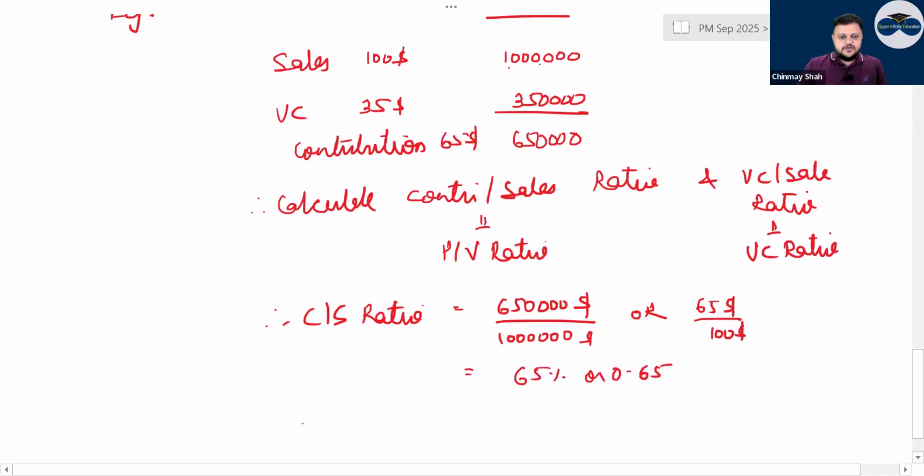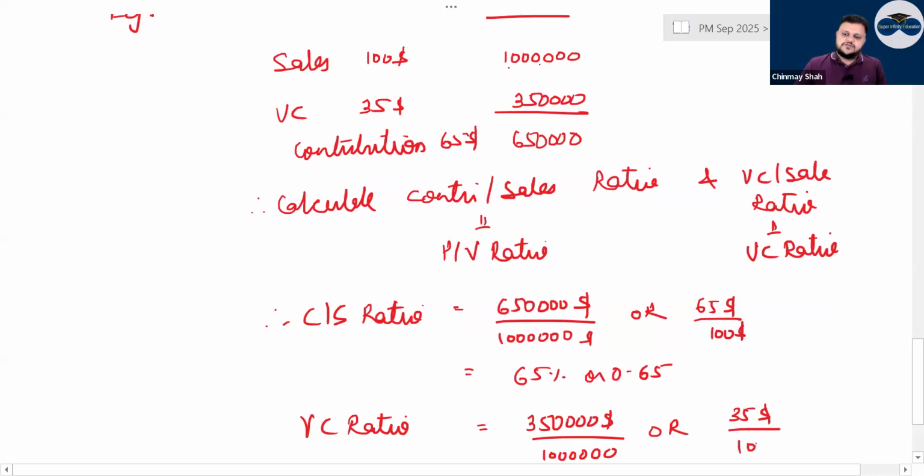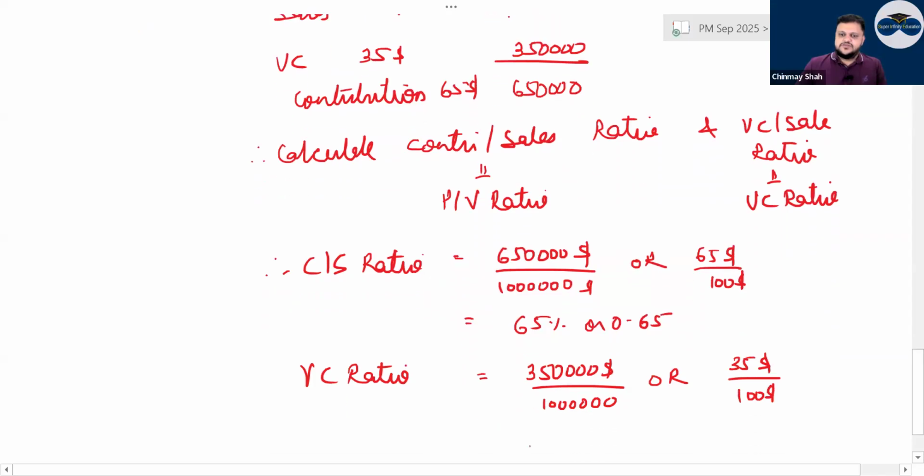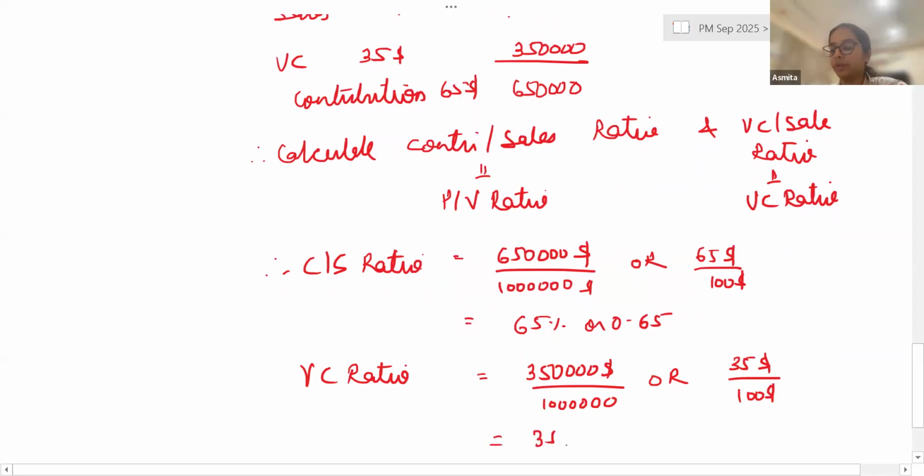Then go for variable cost ratio. What is variable cost ratio? Tell me. Total variable cost $350,000 divided by 1 million, or $35 per unit divided by $100. How much? 35% or 0.35.